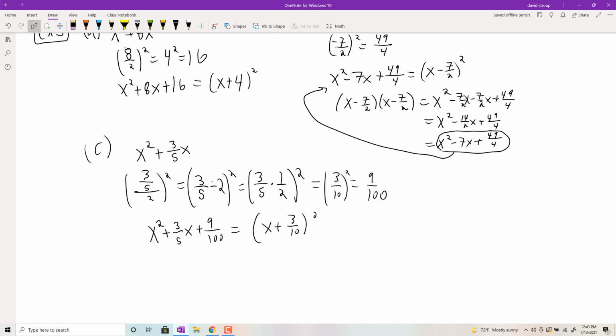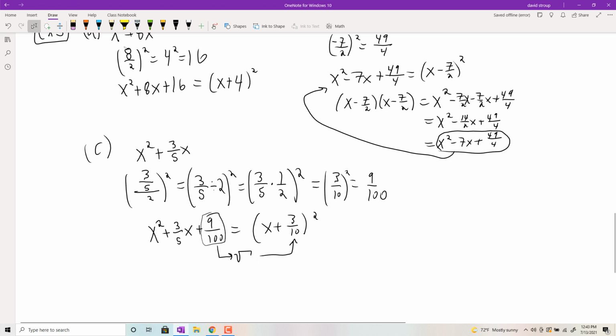So basically, to figure out the 3/10, I just took the square root of the b all over 2 squared, the 9/100. So if you take the square root of this, you end up with 3/10.